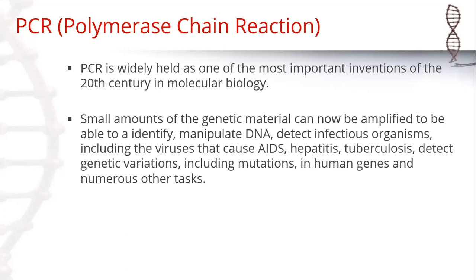As we all know, PCR is widely held as one of the most important inventions of the 20th century in molecular biology. It was invented by Kary Mullis in 1985.